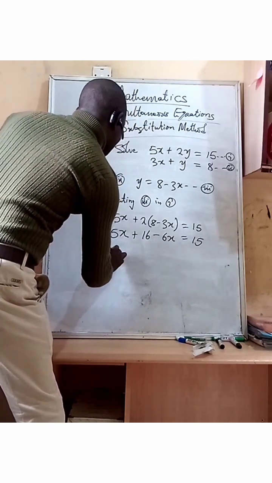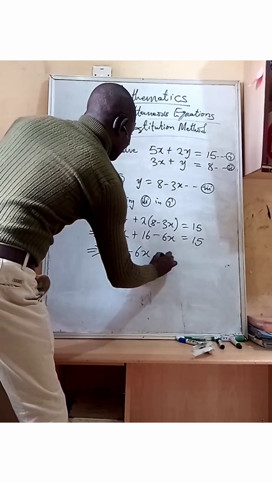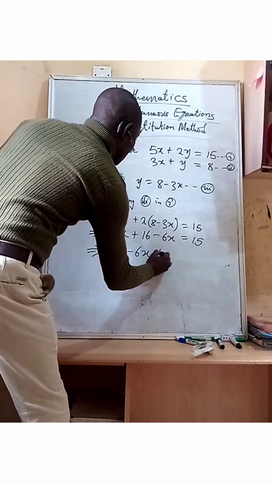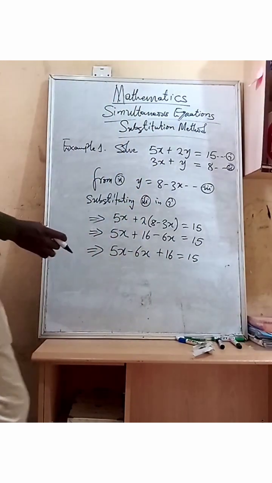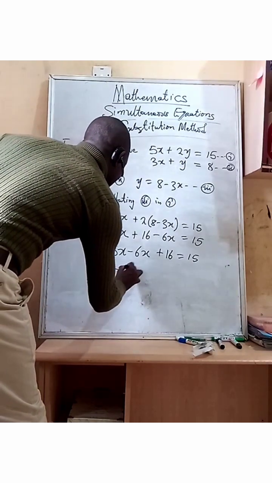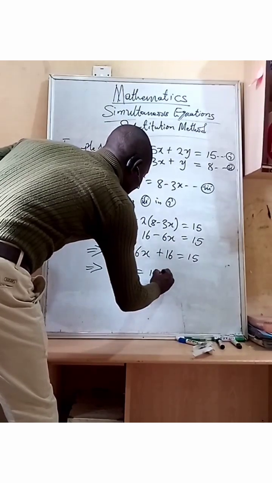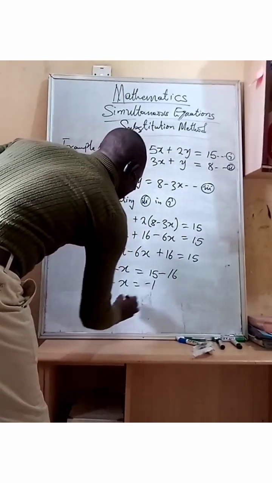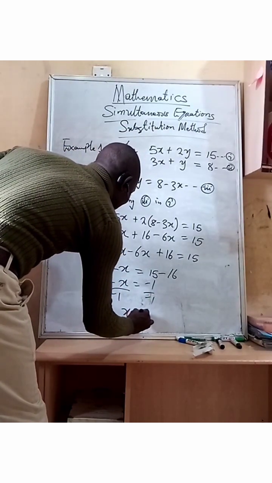It implies 5x minus 6x is equal to 15, this 16 crosses here, negative 16. So we now have negative x is equal to negative 1. So x is equal to 1.